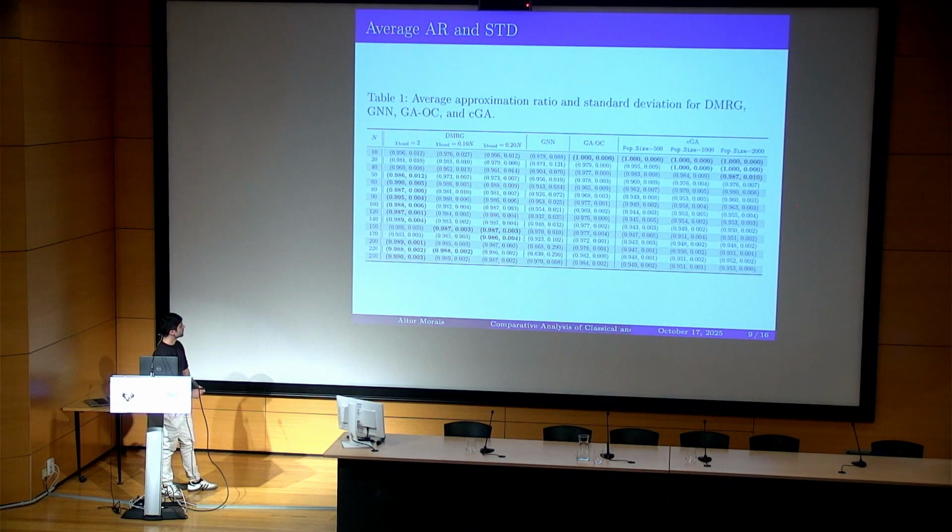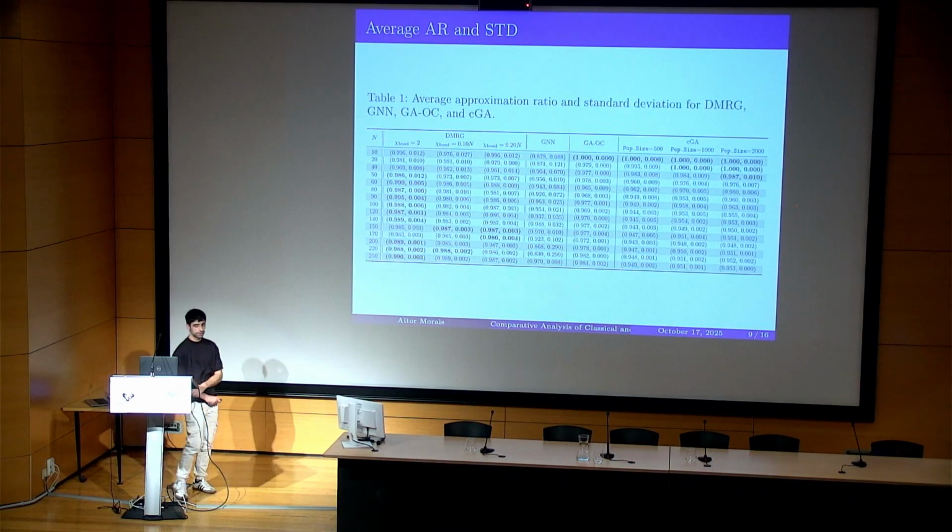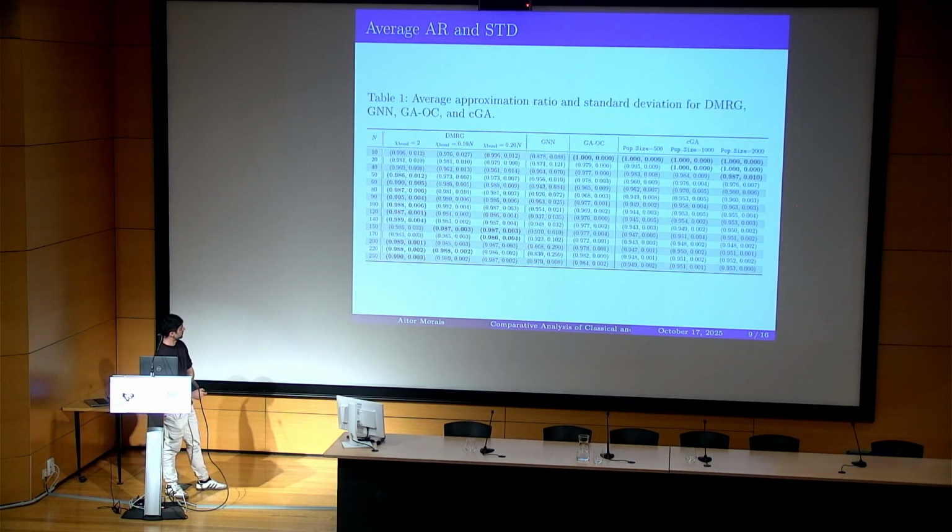Here, a higher number represents a better result, and we can see, first of all, the approximation ratio and then the standard deviation. The best results are marked in bold, so if we look at this table, we can see that for most of the cases, the DMRG gets the best approximation ratio, specifically using a bond dimension of 2.